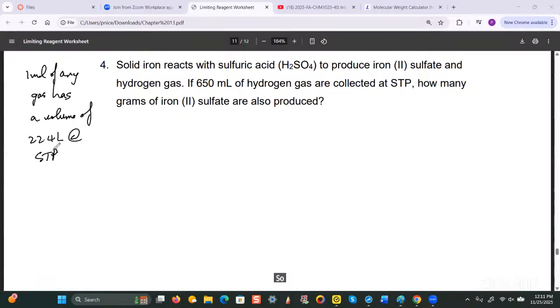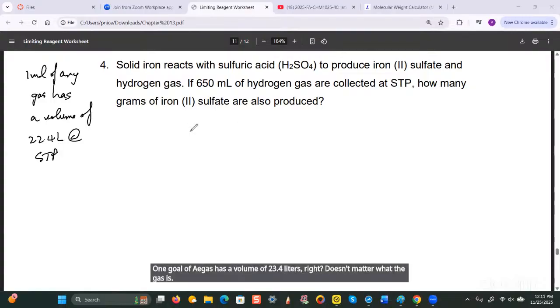This is something that we can mathematically prove, but for now, you can just accept this as being fact. 1 mole of any gas has a volume of 22.4 liters. Doesn't matter what the gas is. And that will be important when it comes to this question here.